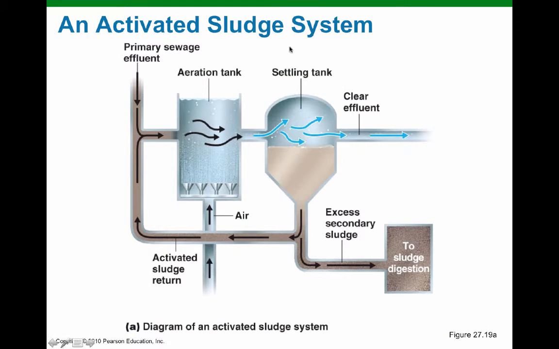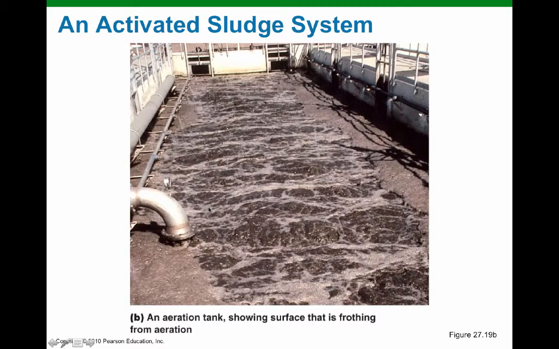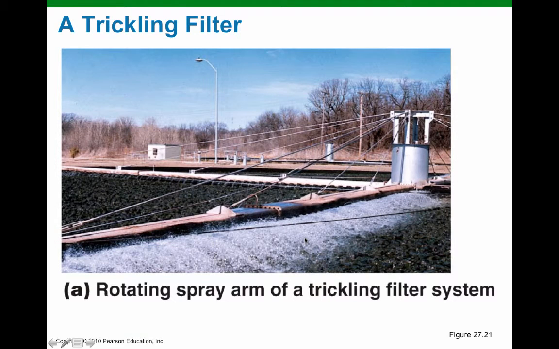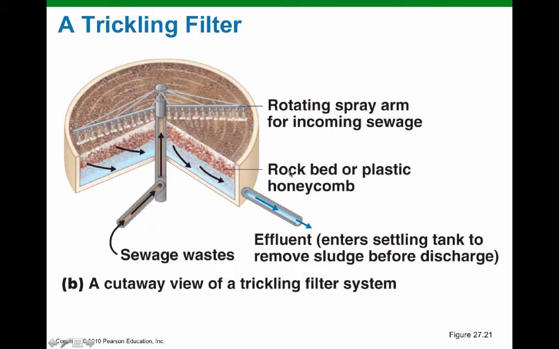And this is just showing you a picture of that aeration tank in the secondary phase. This is frothing from aeration, so this is the microbial oxidation step. Also, this trickling filter system is another portion of the secondary phase. Usually it consists of this rotating spray arm for the incoming sewage, so the liquid portion following the settling phase, and it's covered by a rock bed or a plastic honeycomb.